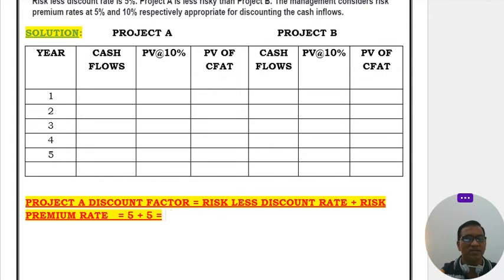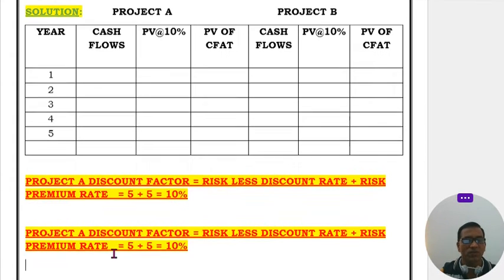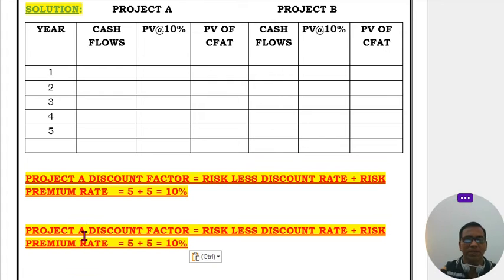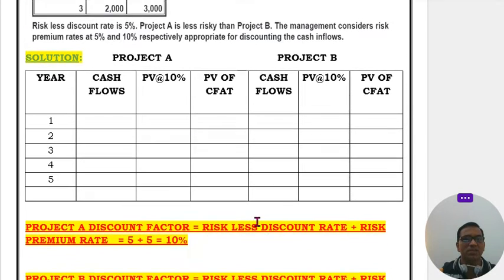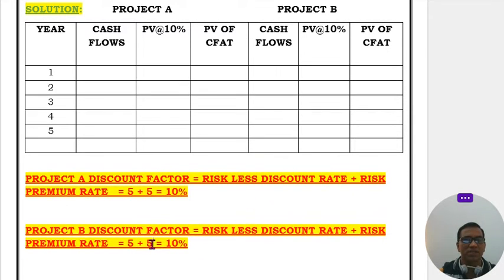That equals 10%. Discount factor is 10%. Same calculation for project B. Riskless discount rate 5% plus risk premium 10%. So 5 plus 10 equals 15%.